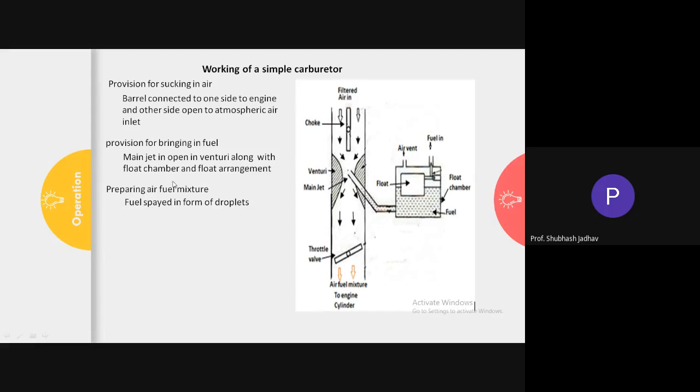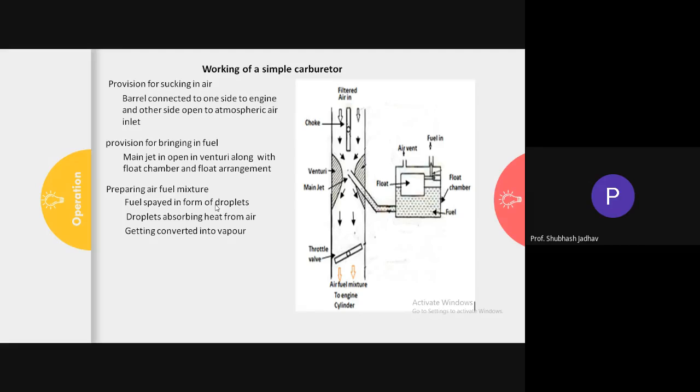We want to prepare an air fuel mixture of proper quality. The droplets absorb the heat from the air. When the fuel is initially sprayed, it gets dispersed into the air. Now the air and fuel contact has been established, and the droplets have started absorbing heat from the air and get converted into vapor.